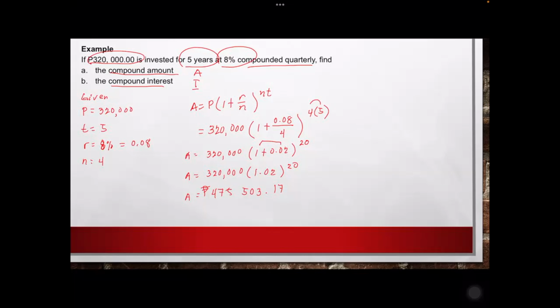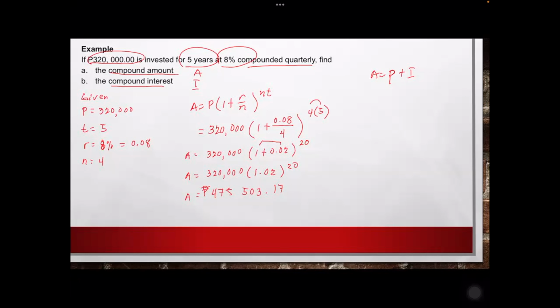Pero pinakamadali, we can use naman I is equal to PRT, pero pinakamadali natin gamitin is A is equal to P plus I, where P is the principal, A is the amount, and I is the interest.